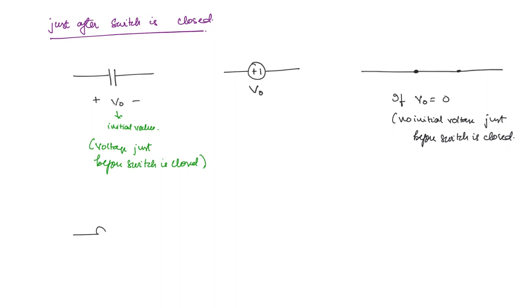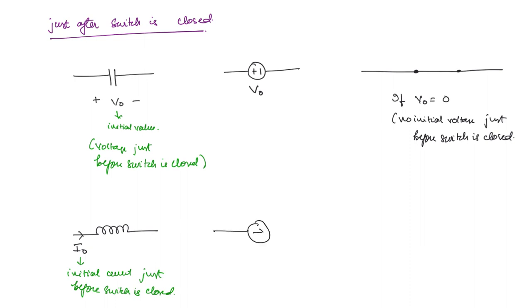Then what about the inductor? Let us say the initial value of current is I naught. This is the initial current just before the switch is closed. Then it will behave like a current source. And what will be the direction? Direction will be the same direction that is given here, and the magnitude will be I naught.